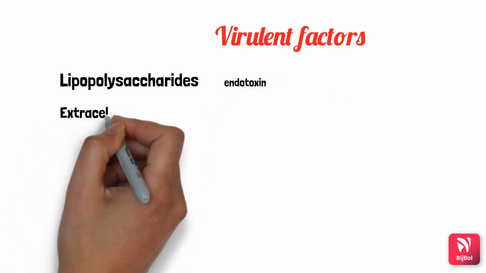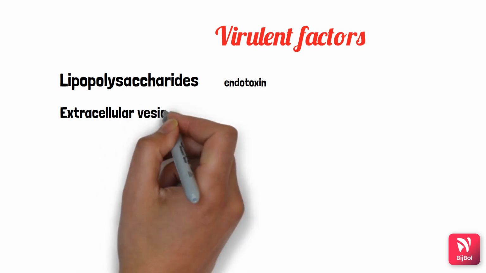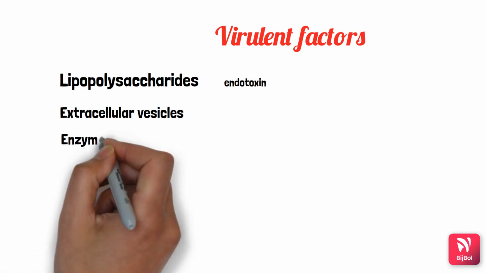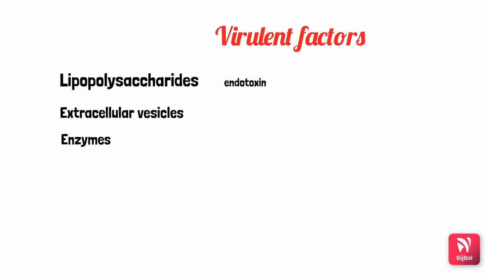Next are the extracellular vesicles. They are produced by the gram-negative bacteria in the form of endotoxins, which are released into the dentin. And the enzymes produced by the bacteria can result in the spread of infections, and neutralization of immunoglobulins and complement components.